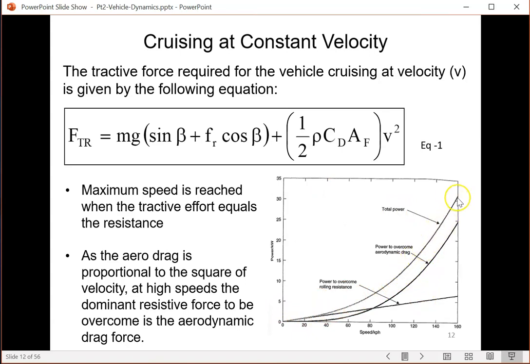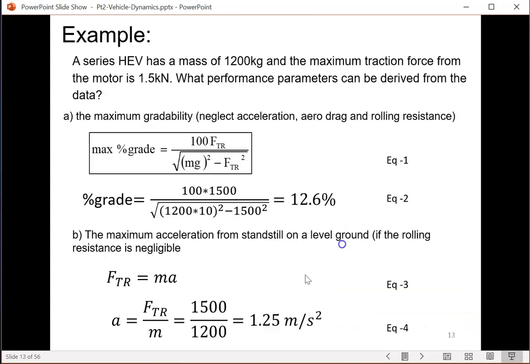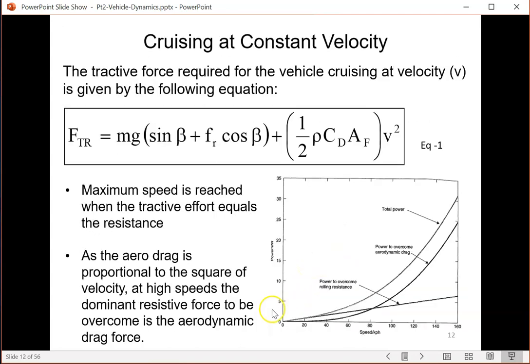Now, think about the characteristics of an electric motor or the output from an engine. In the ideal case, the power output starts from 0 and goes up linearly, and then at a certain speed the power cannot be increased anymore, so it goes flat.